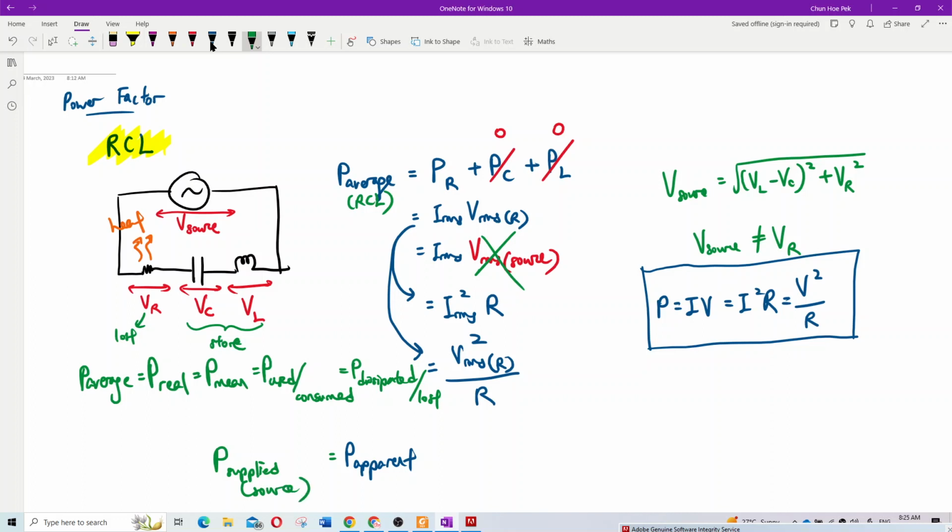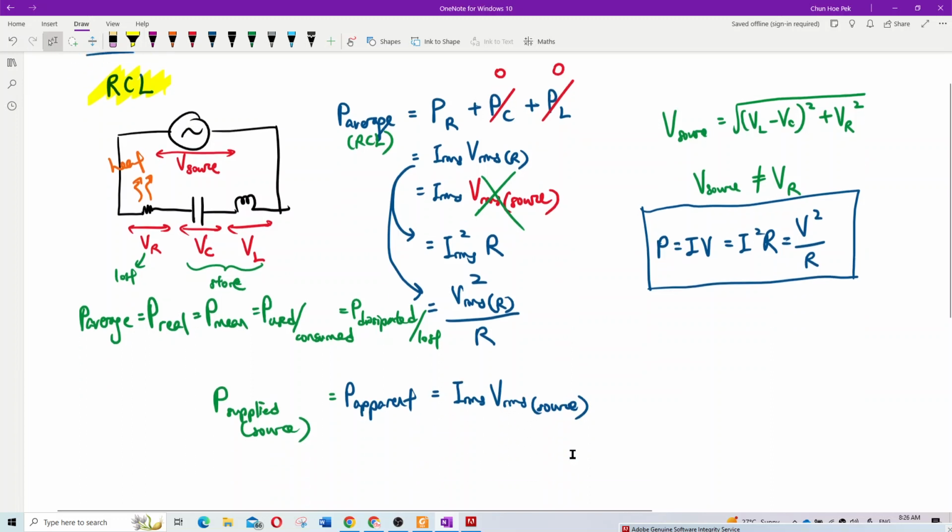So how to get apparent power? This apparent power is the power by the V source. It is IRMS times VRMS source. Power supplied by the source is apparent power.